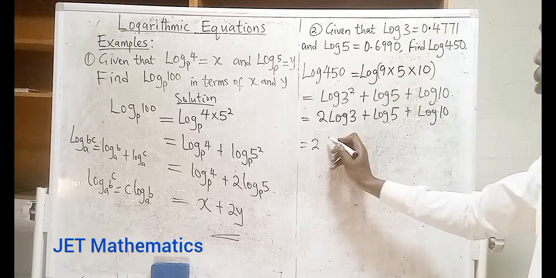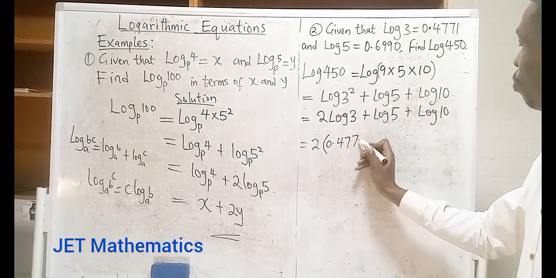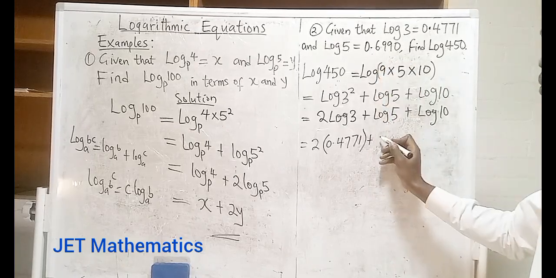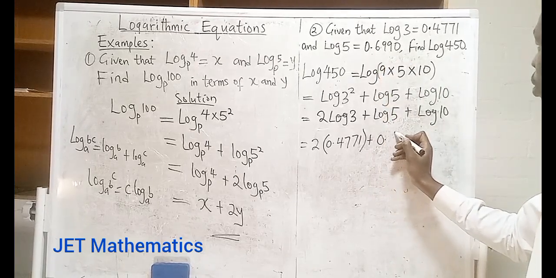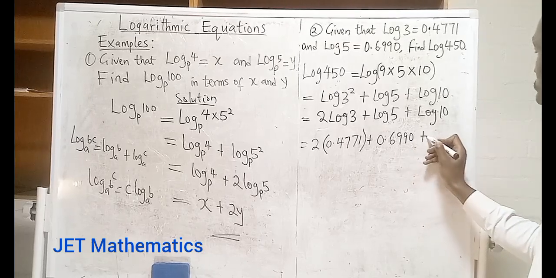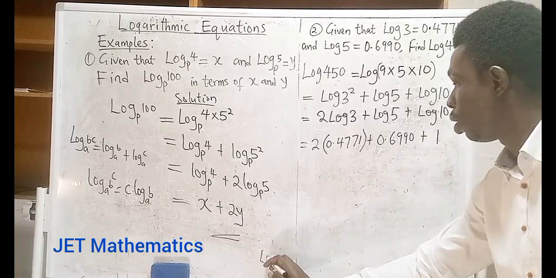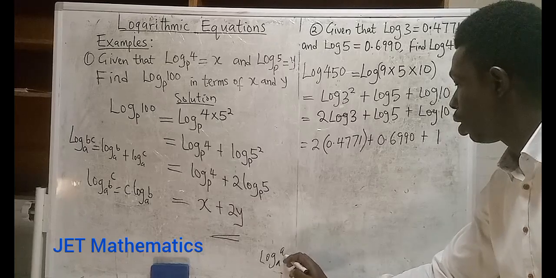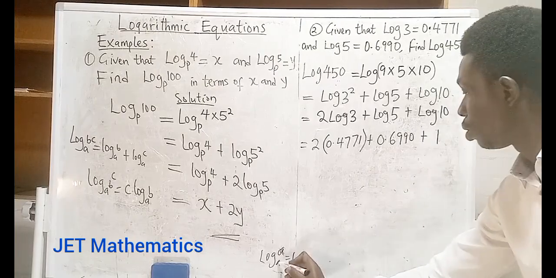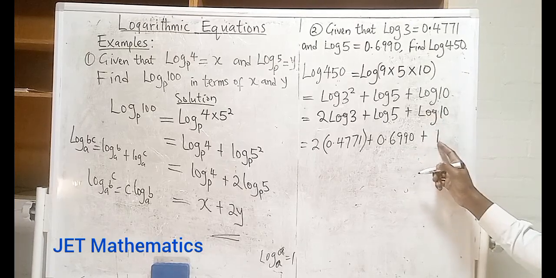Log 3 is 0.4771, plus log 5 we are given 0.6990, plus log 10 is 1. Remember the law that says log a to base a is equal to 1. So log 10 is equal to 1.